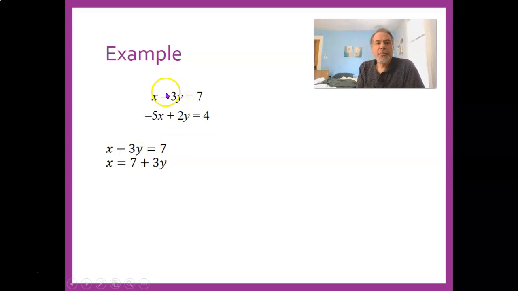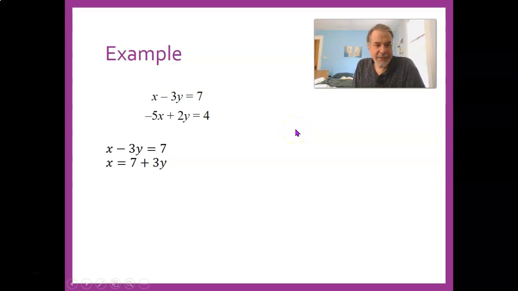So when I'm solving by substitution, I like to look for a variable that doesn't have a coefficient other than 1 or maybe negative 1, because that's going to make that easiest to solve for. I don't have to divide through by anything that might introduce some fractions. So here, when I saw this x without any number out in front of it, I thought, aha, it's going to be easy to solve that equation for x, to get the x all by itself on one side.